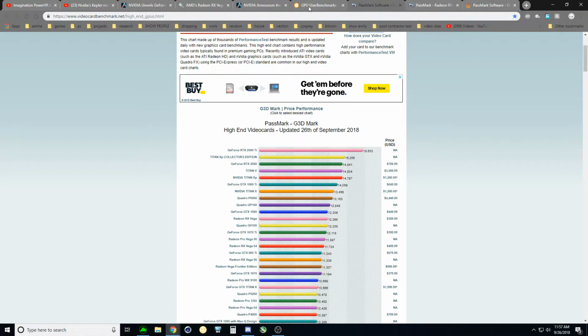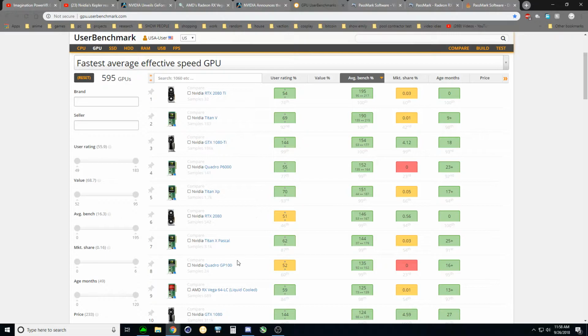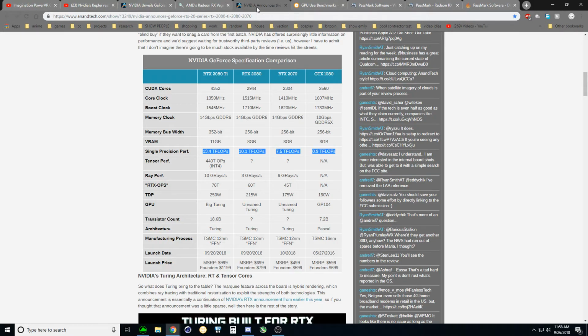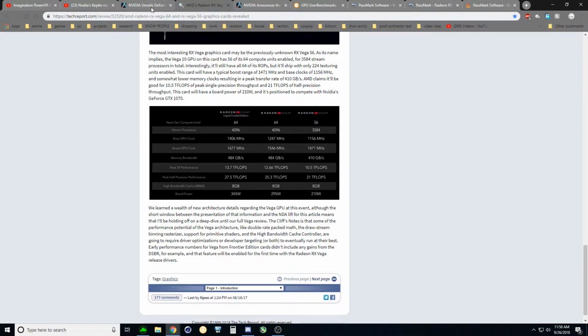And if we look at this one here, you can see there's the VEGA 64 liquid cooled just beating the 1080. So as far as it goes, TFlop to TFlop, we see the equivalency between 9 teraflops versus 13.7 on VEGA, or 13 on VEGA.